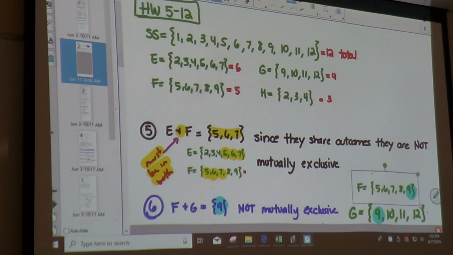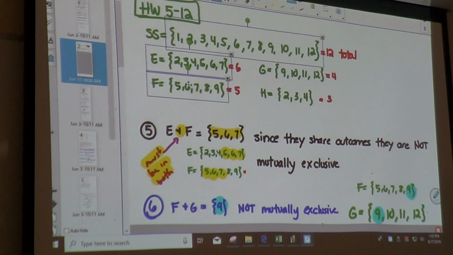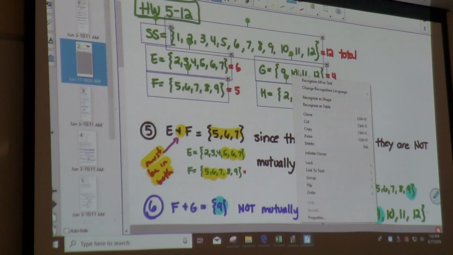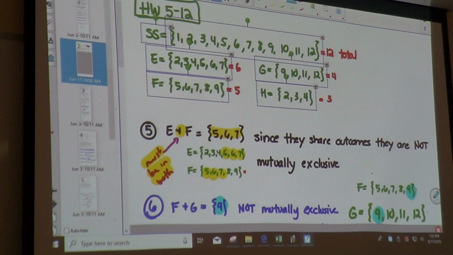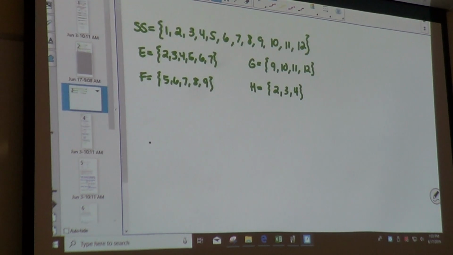Now, I'm going to pull this down to another page just so that you can see. Copy, paste. What if I would have said F or G? What would you have told me? Would you put 5 to 12? Yeah, just 5 to 12.